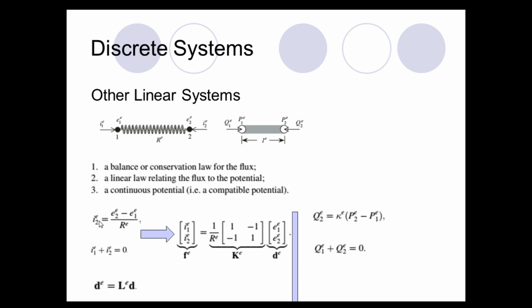This will give me the current, or the number of electrons per unit area that flows at point 2. So this is how you can calculate the current. Identically, you can calculate the current at point 1, and of course the sum of the currents entering the wire from left and right has to be equal to 0.